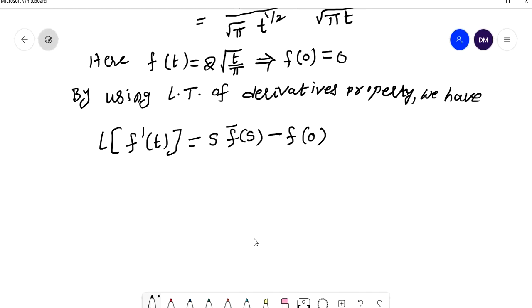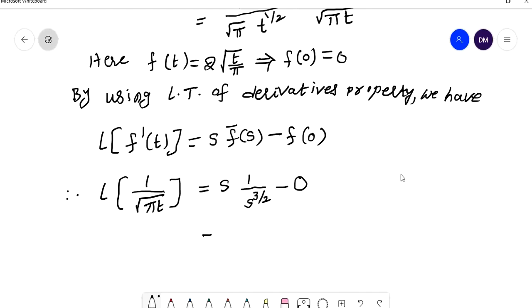Right, now substitute all the values of f of t, f bar of s and f of 0. Therefore L of f dash of t, which is 1 by root of pi t, is equal to s into f bar of s, which is 1 by s power 3 by 2, minus f of 0, which is 0.